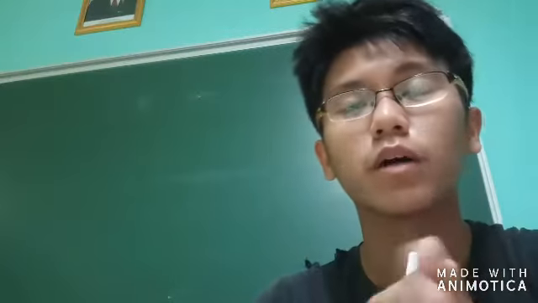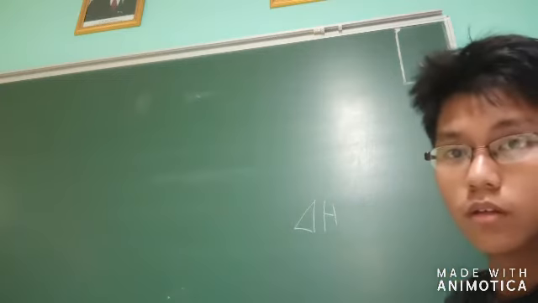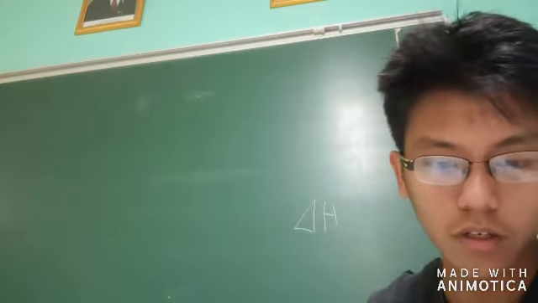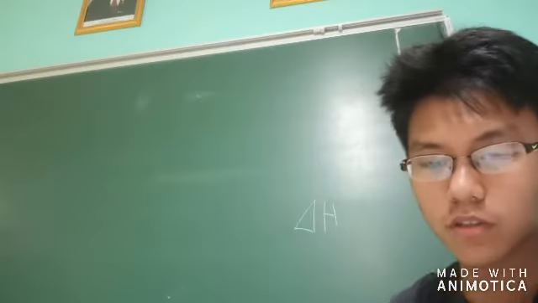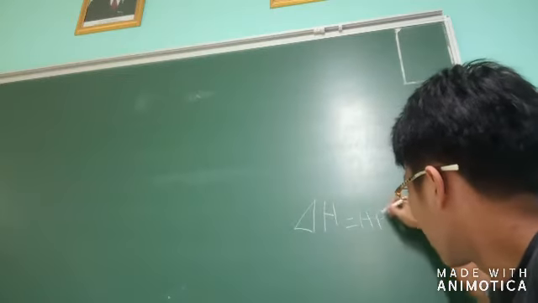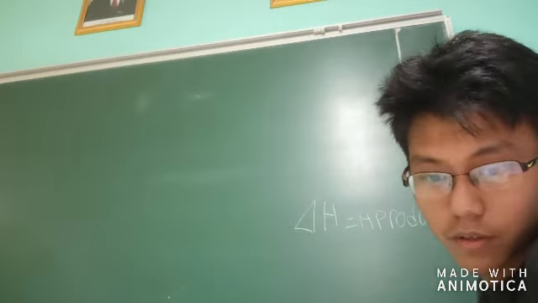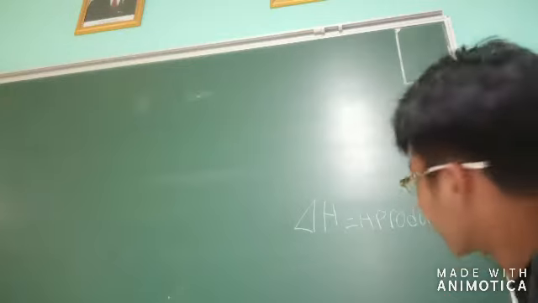So first I want to explain the formula for enthalpy changes. In enthalpy changes we call it delta H. The formula is delta H equals H product minus H reactant.